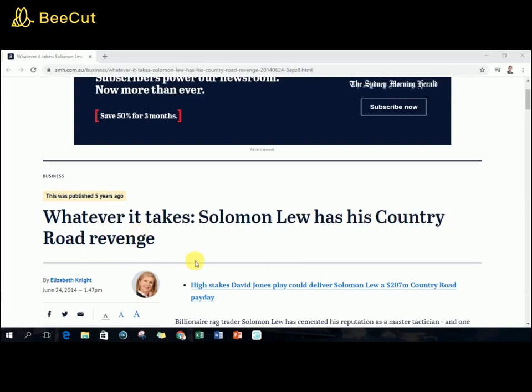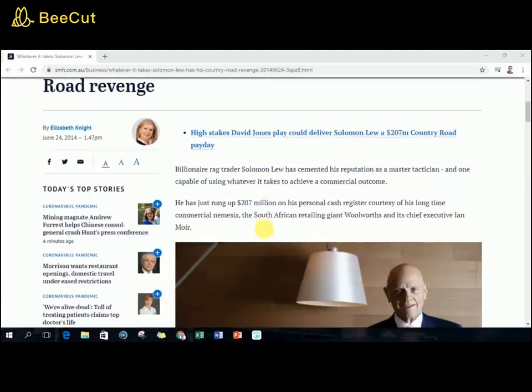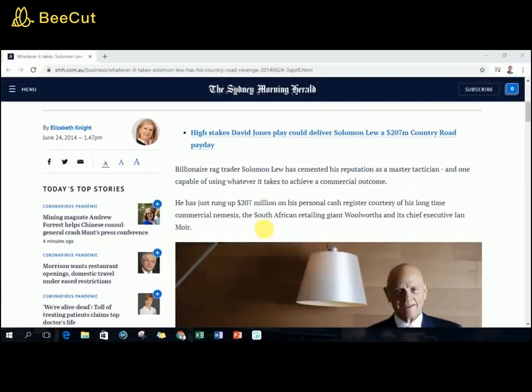As a result, when we look at this concept of market value, in other words, how much Woolworths was willing to buy for and how much Solomon Lew was willing to sell for, it was overly inflated for this 12%. Because if this 12% in this deal did not go through, the entire acquisition of David Jones would fall flat. Because of the embedded value that this 12% in Country Road had, it increased the price significantly, over and above what would have been expected from a normal fair value.